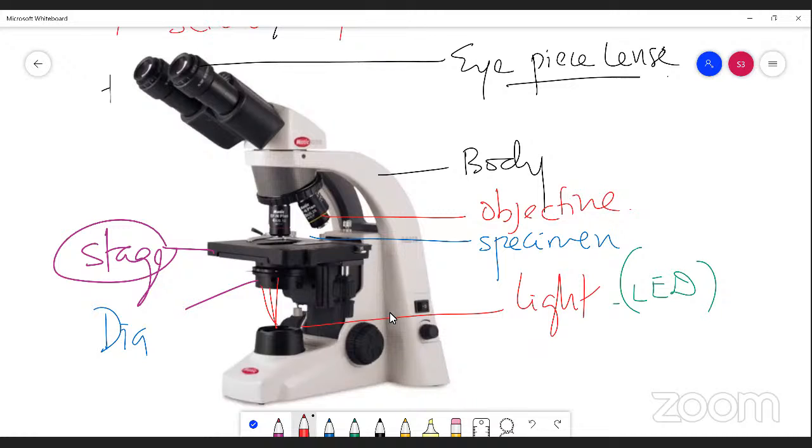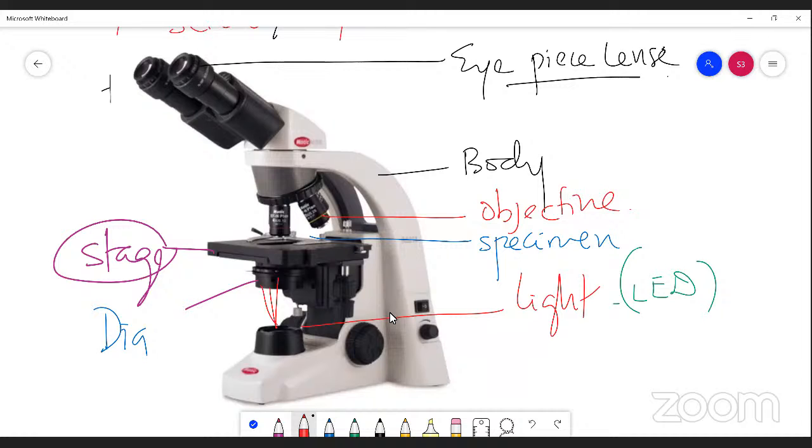If you want to increase the brightness of the specimen, we can adjust this diaphragm, which is found just below the stage or platform of the microscope.